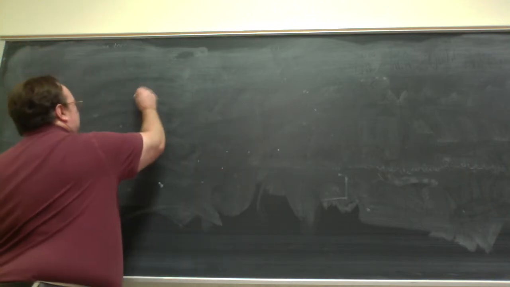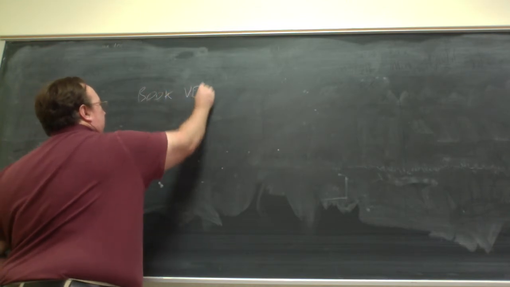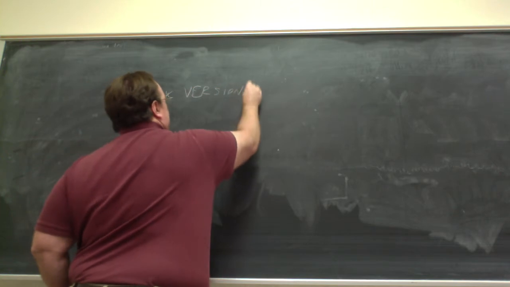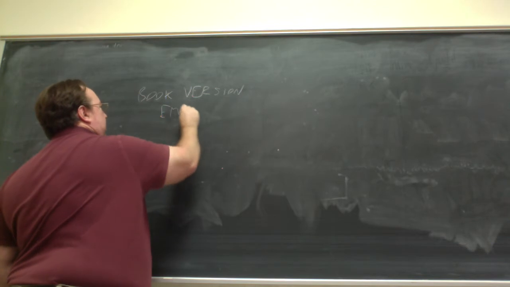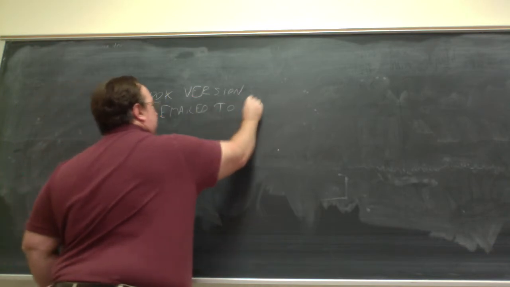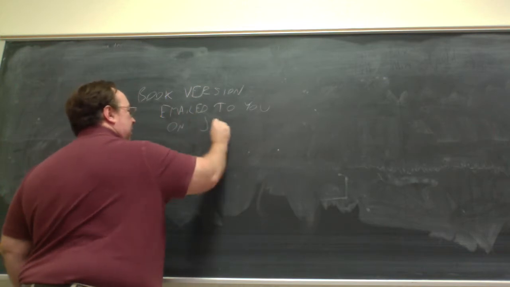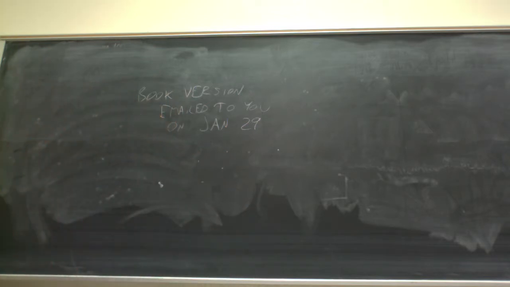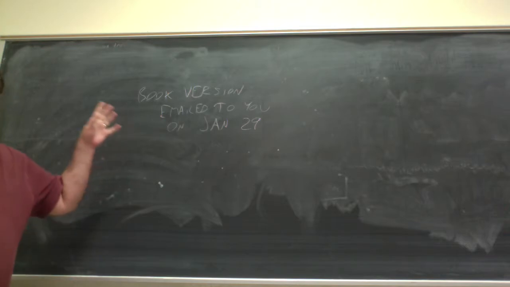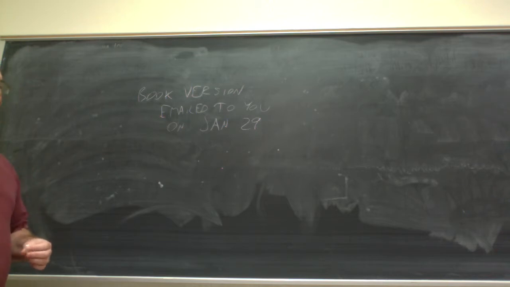The book version that I am going by for purposes of assigning problems is the one that was emailed to all of you on the day I submitted the book to the publisher, January 29th. I had sent one on the first day of class or so, but then that had been modified. So then I said this was the final version. So make sure that's the one you're looking at.